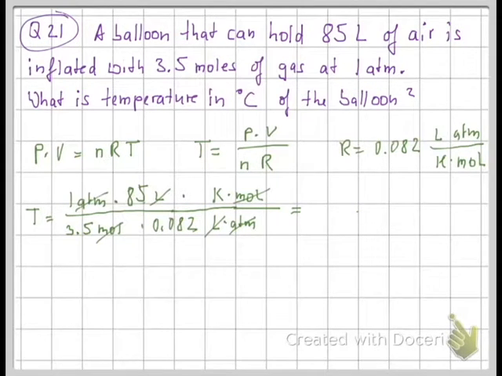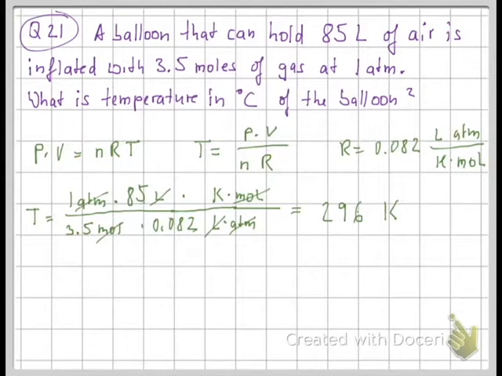Okay, 85, let's do this over. 85 times 1, so I don't have to do anything, divided by 3.5 divided by 0.082 equals, that's more like it, 296 Kelvin.